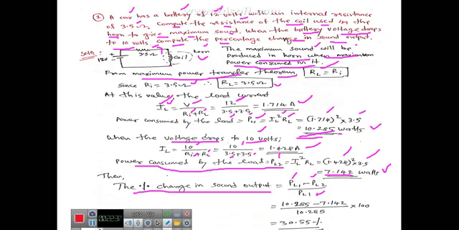So in the first case the power consumed is 10.285. In the second case 7.142 divided by 10.285 into 100, so that is 30.55. So this is your percentage change in the sound output if there is a change in the voltage from 12 volts to 10 volts.